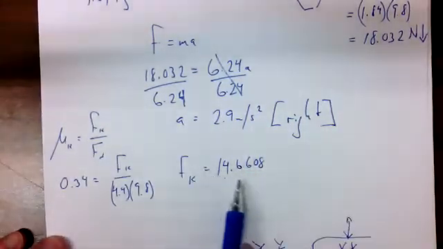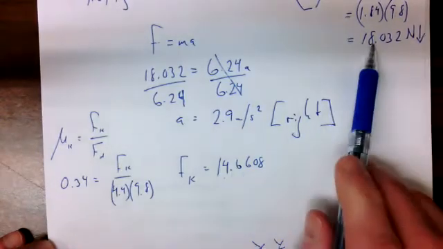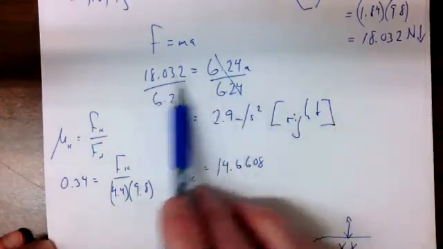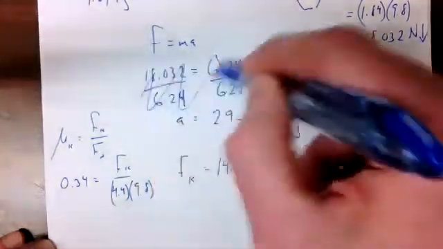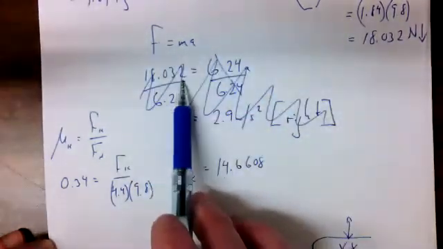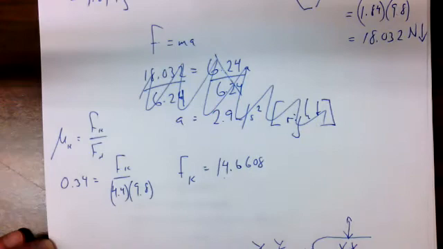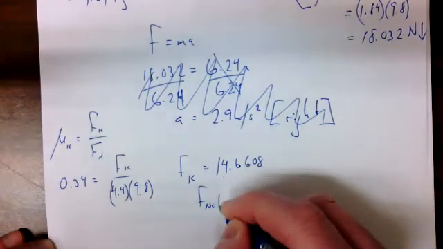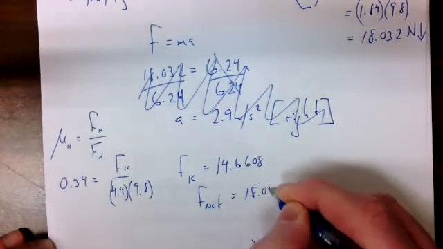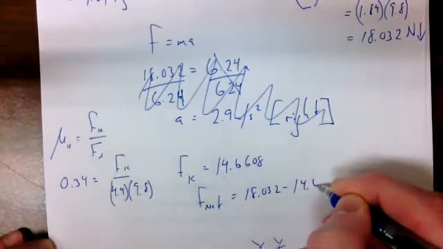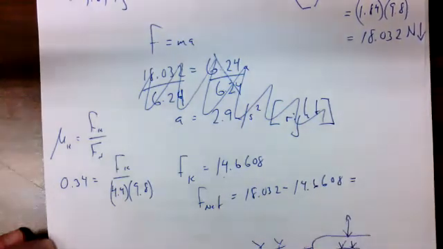So this essentially is negative force. This is positive force. So what I did here, I jumped the gun. I shouldn't have done this yet because it's 18.032 minus this. So our net force, 18.032 minus 14.6608.